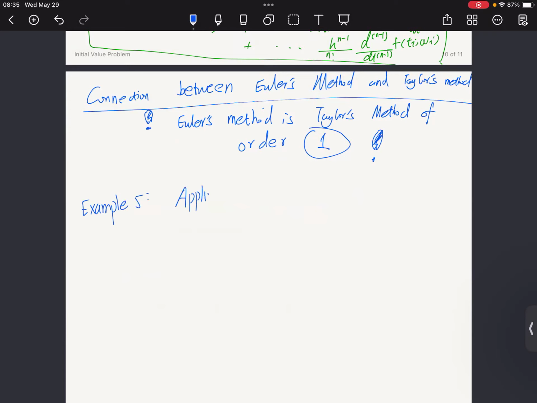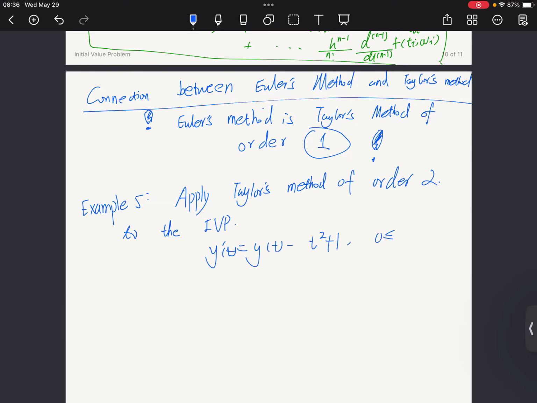Let's apply the Taylor's method. But you will see this example is quite simple, and it's not comparable to the questions on your homework. This is just one simple example, applying Taylor's method of order 2 to the initial value problem here: y prime equals y minus t squared plus 1, with t from 0 to 2, and our initial value is 0.5.